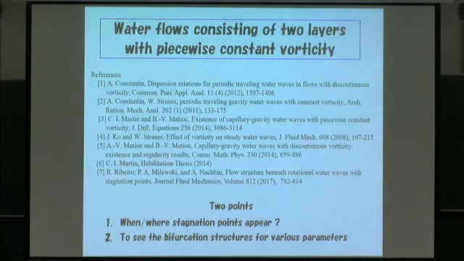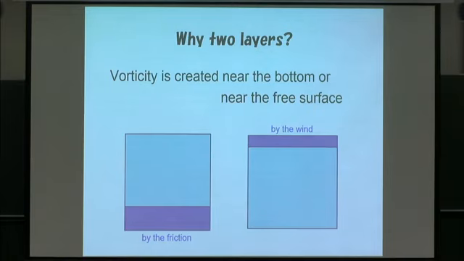Our purpose is to see when and where stagnation points appear. Then, why two layers? Vorticity is created near the bottom by the friction or near the free surface by the wind. Therefore, two-layer vorticity is a step closer to real water waves.